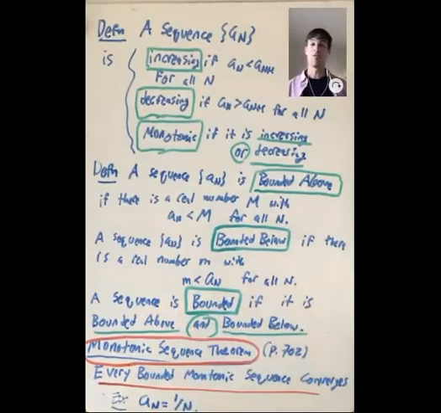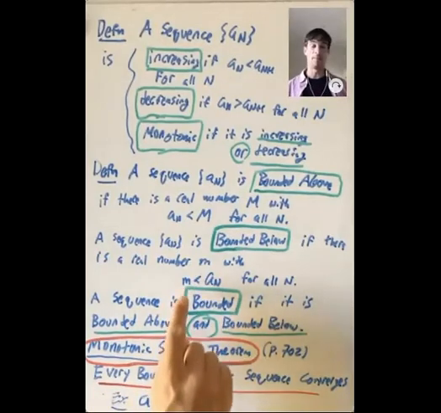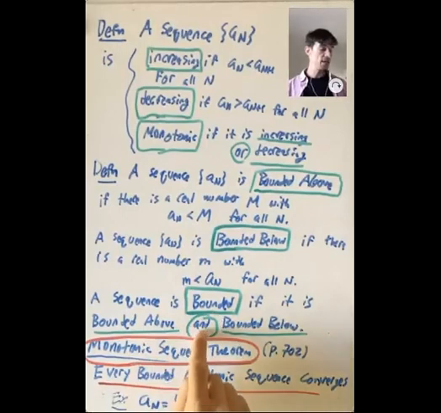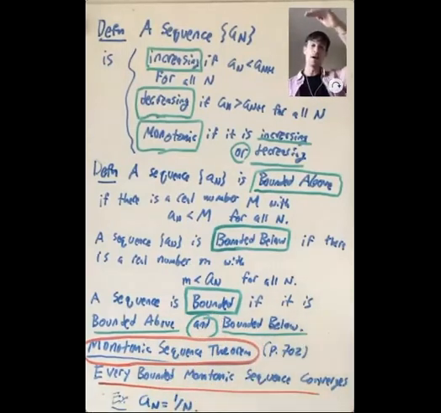Meaning, no matter how far out you go, maybe your sequence comes down for a while, but it never goes down as far as little m. Little m is always below everything in your sequence. And a sequence is bounded if it is bounded above and bounded below. So there's some lower number and some upper number so that every a_n is between those two numbers.